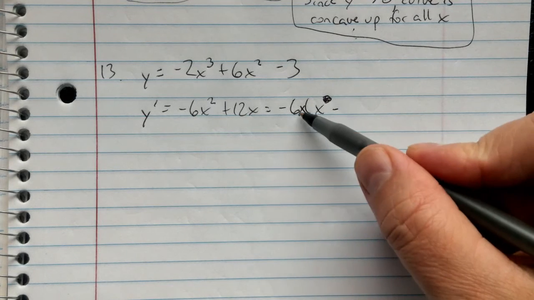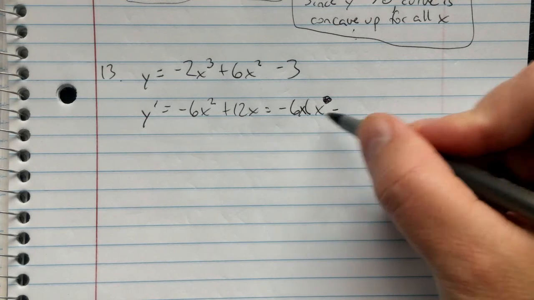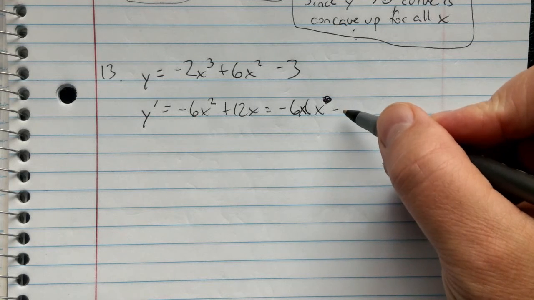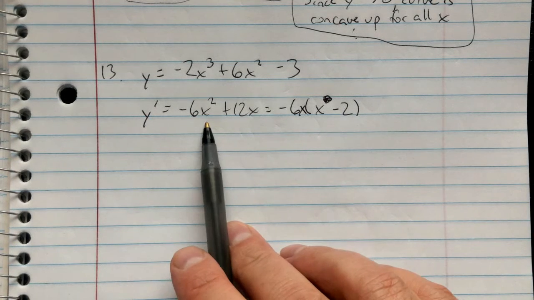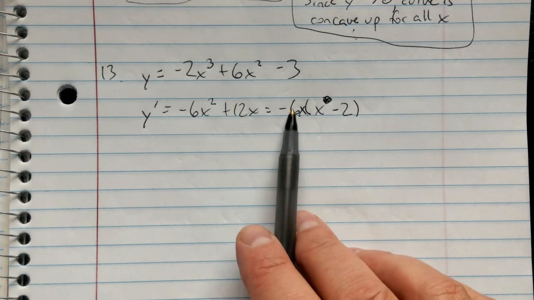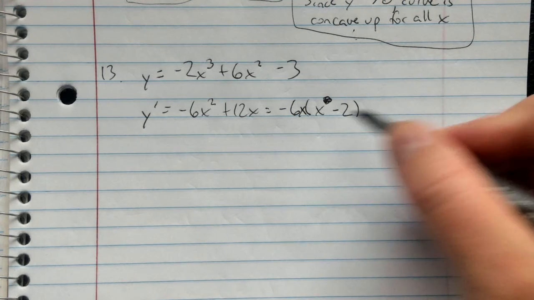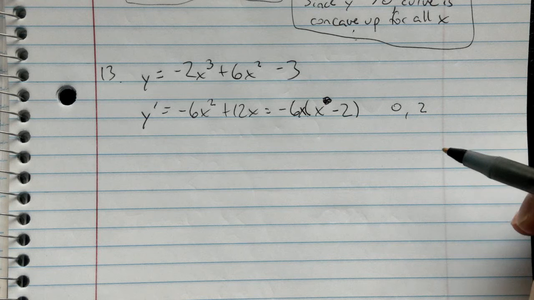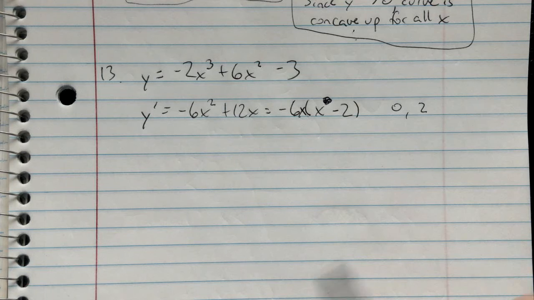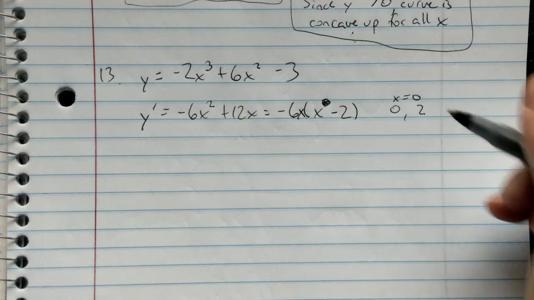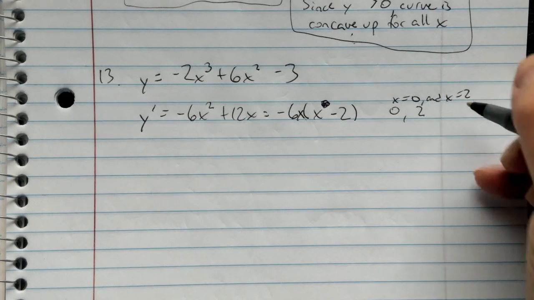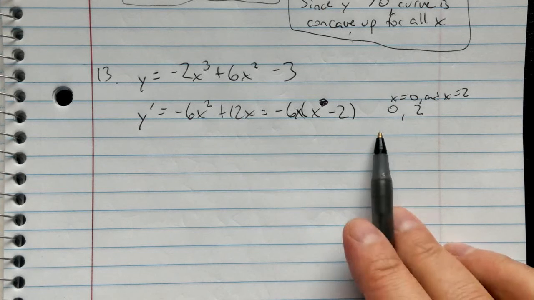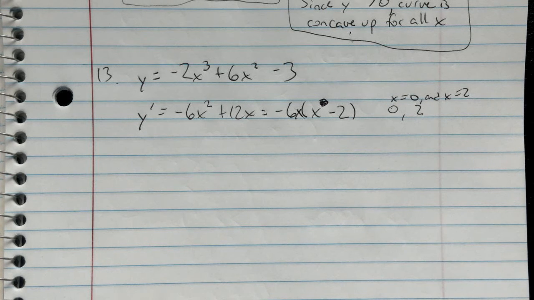And then you'd get negative 6x on the outside and x minus 2 on the inside. So your greatest common factor between these two terms is negative 6x. And so that'll tell you that 0 and 2 would be important. Okay, so I don't mean the ordered pair 0, 2, I just mean 0 and 2.